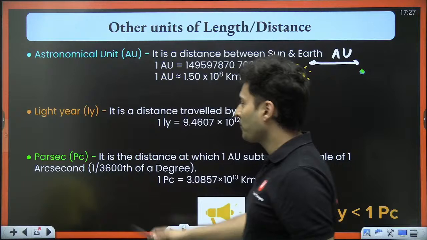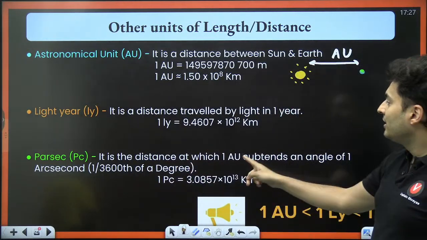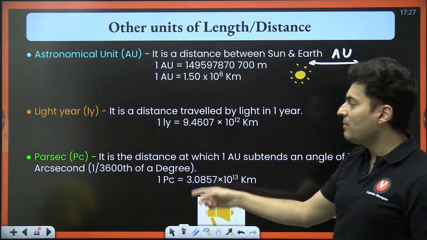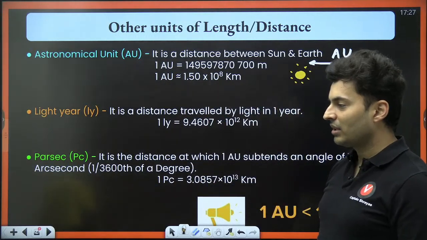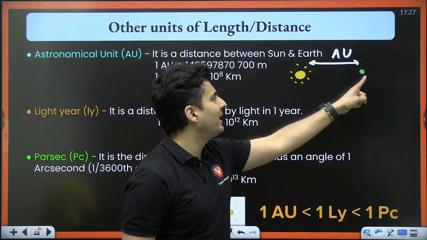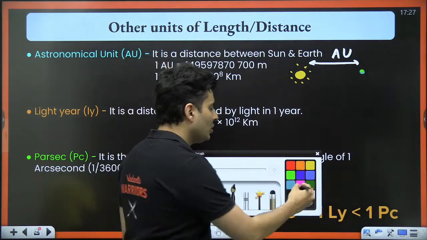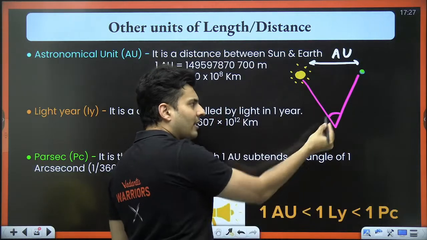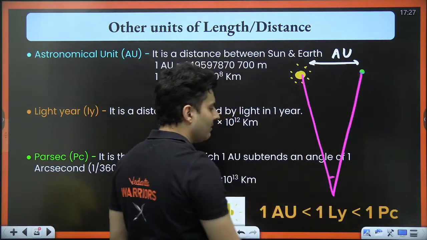Next thing which you should know is parsec. Parsec is the distance at which this particular distance subtends an angle of 1 by 3,600th of a degree. Meaning, this is one astronomical unit, the distance between the sun and the earth. So you are over here, then you will subtend some angle. This angle is decently good. You go a little bit far away, then the angle becomes even less.